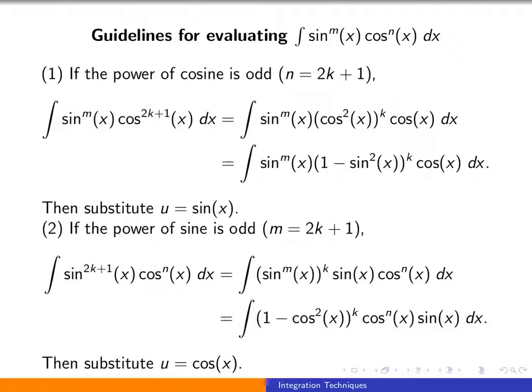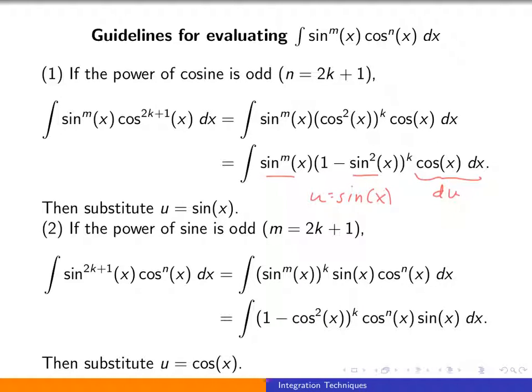And the reason we do this is because then that leftover cosine x dx can play the role of du, where the sine is going to play the role of u. And we think of this as kind of a power reduction technique. We're reducing that power of cosine down to save that du, and rewriting the remaining cosines in terms of sine.